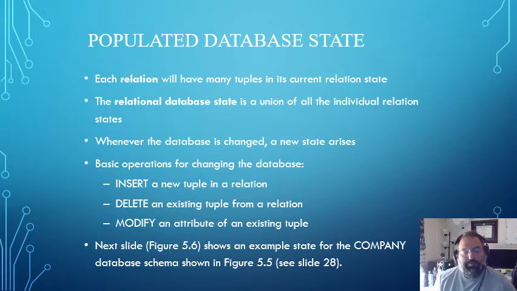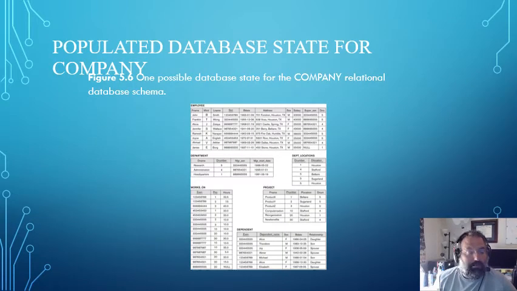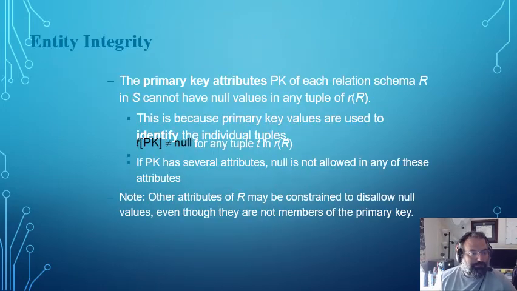The next slide, figure 5.6, shows an example of a state from the company database schema shown in figure 5.5. The populated database state is on the screen, and you can see a given potential state of a database. This is a relatively small database at first, so that it's easier to understand.